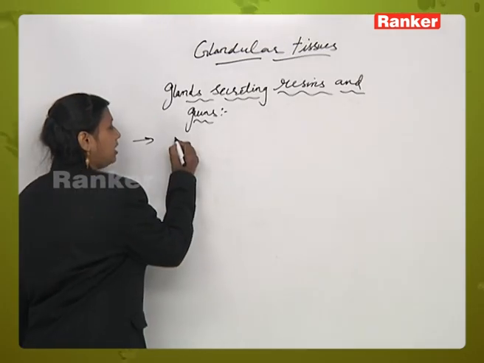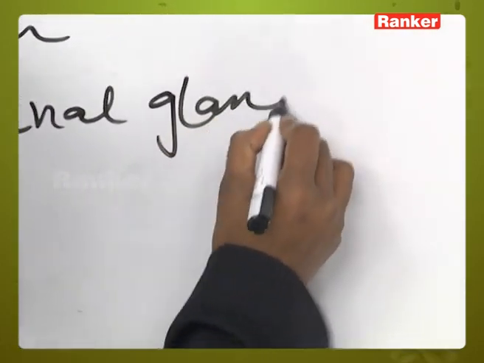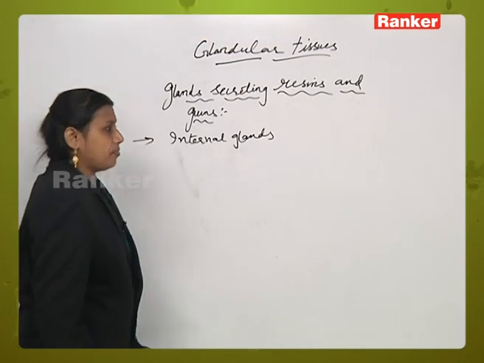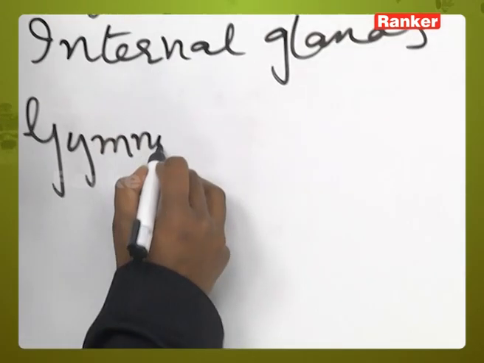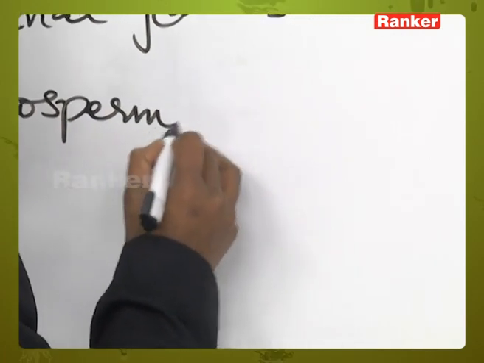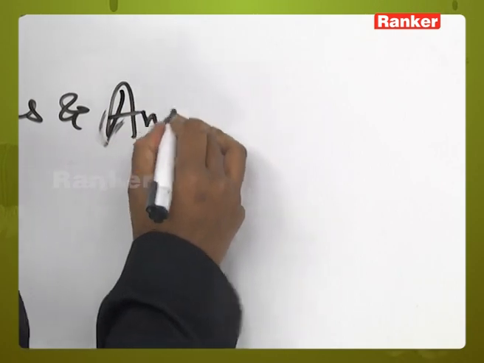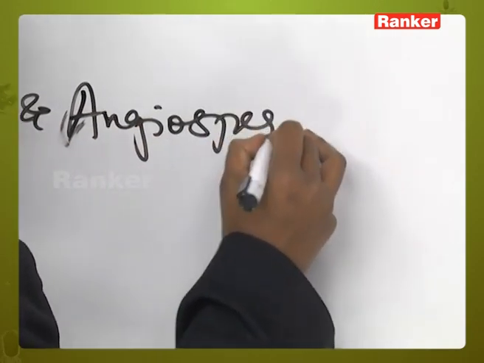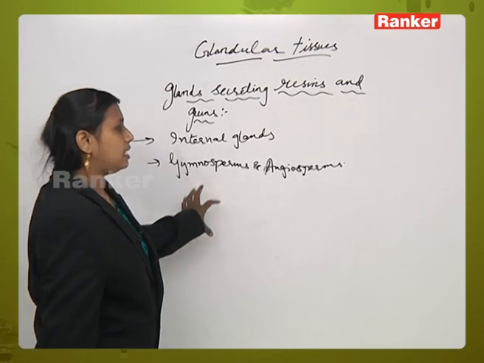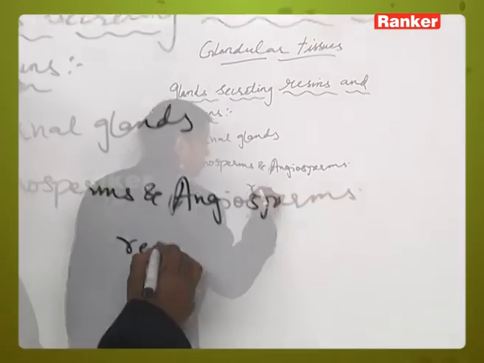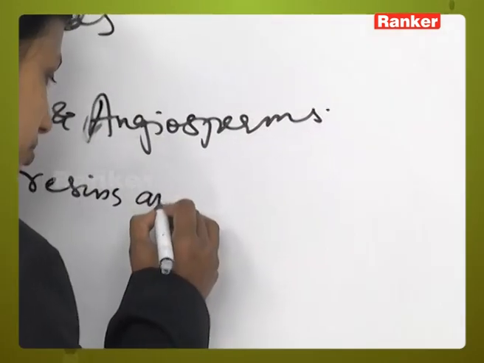Next one we have is glands secreting resins and gums. These are internal glands. In gymnosperms and angiosperms, these internal glands secrete resins and gums.